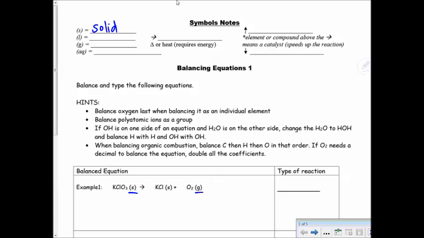The L, of course, you could probably predict now, the L is going to represent the liquid phase. And last but not least, the G, like for instance here, next to oxygen, O2, that's going to indicate to us that it is in gaseous phase, or it's going to be a gas.